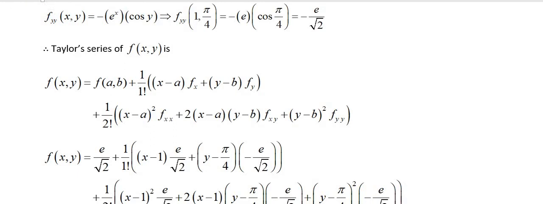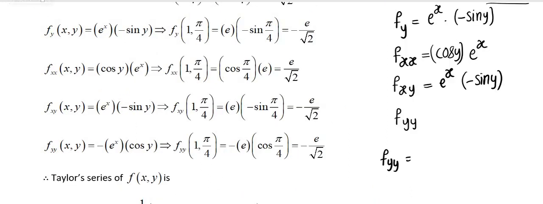Next we are going to find out fyy. How to calculate fyy? It means differentiate fy with respect to y. Here observe, we have fy value as minus e power x into sin y.